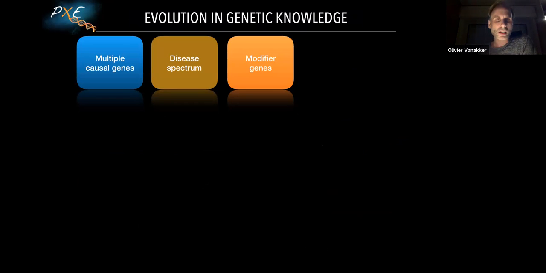And that besides the genes that actually cause the disease, there are other genetic factors that will modify how an individual experiences his disease, whether it is more severe, whether it starts earlier, whether he has more this kind of symptoms or more another type of symptoms. And these genes are called modifier genes, because they modify the way that the disease presents itself.